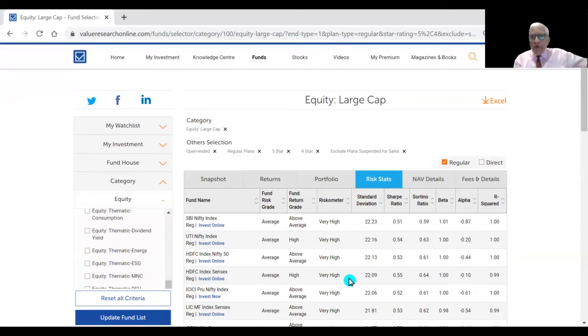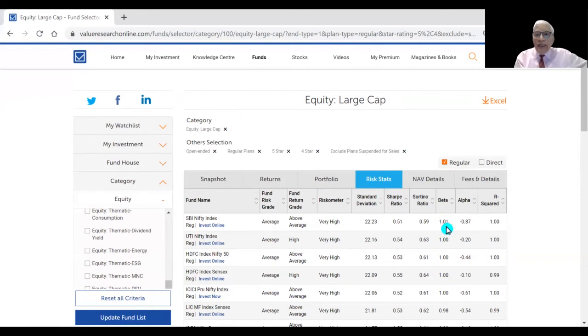Therefore, the beta of this fund will be close to 1. What is beta? Beta is relative volatility. Beta of Nifty is supposed to be 1. Or if it is Sensex, beta of Sensex is supposed to be 1. Out of Sensex funds, some shares are having beta of higher than 1, some shares having beta of lower than 1.